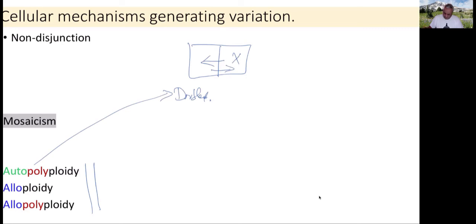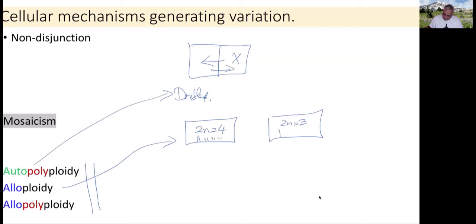So let's look at an example of alloploidy. In alloploidy, you could have two parents, like two related species of watermelon, in which the chromosomes are still compatible because of evolution. And in one, you could have 4 pairs or 4 sets of chromosomes. So 2n equals 4. So you have a total of 8 chromosomes in that parent. And then a related species, you could have 2n equals 3. That means you have 6 chromosomes in that individual.